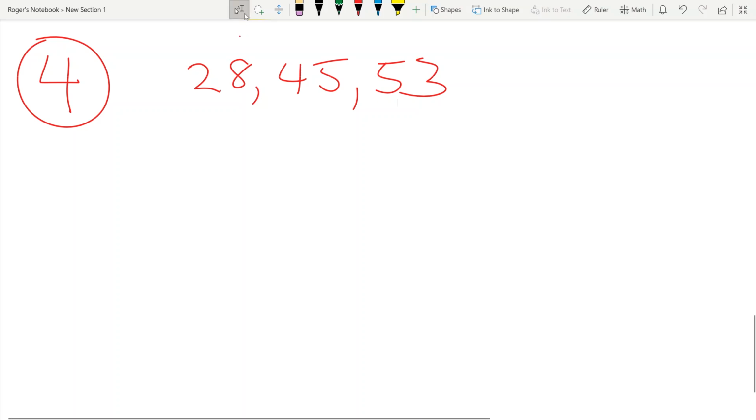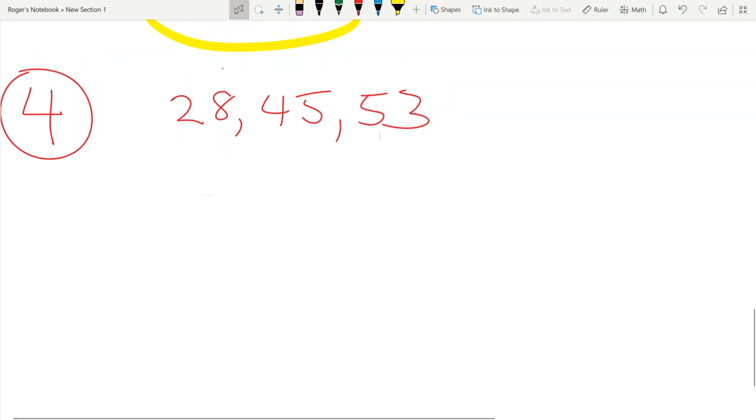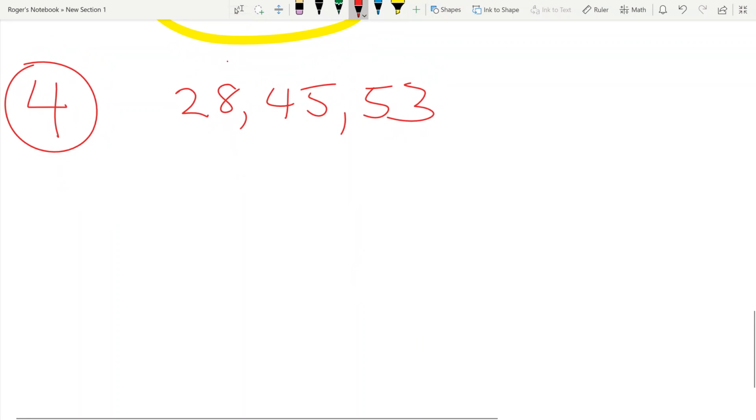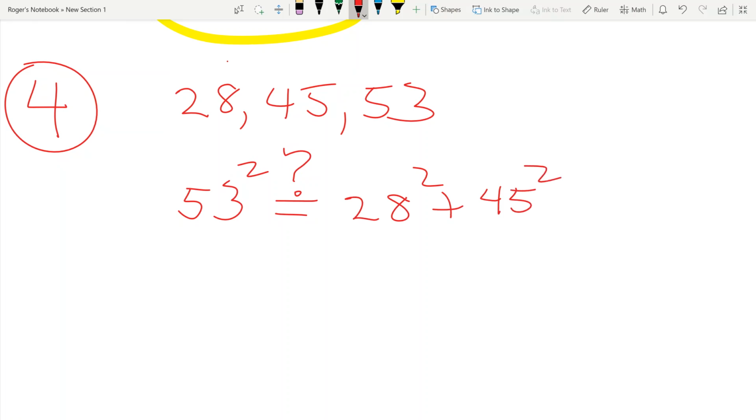So to check, all you have to do is work out the Pythagorean theorem. Is 53 squared equal to 28 squared plus 45 squared?